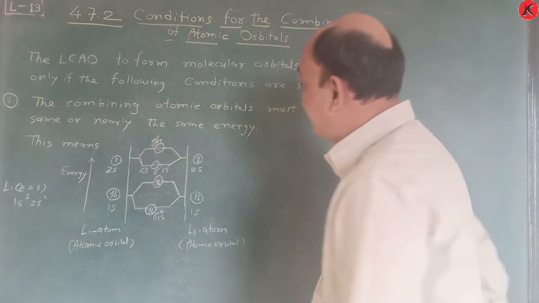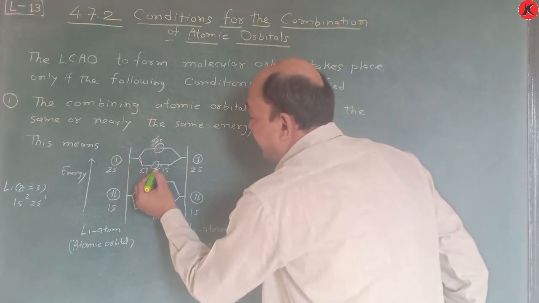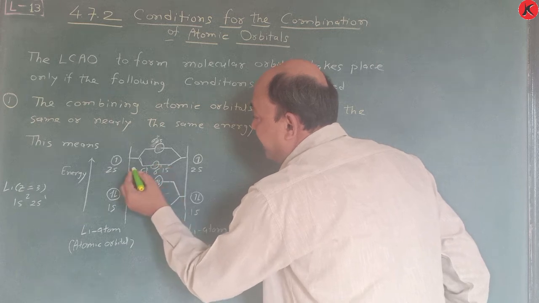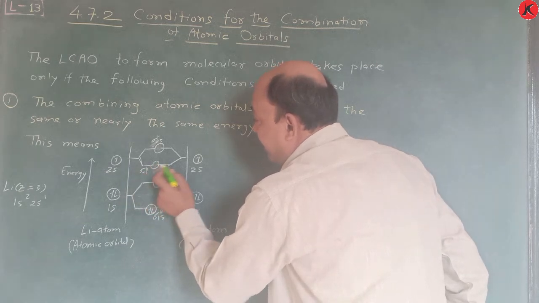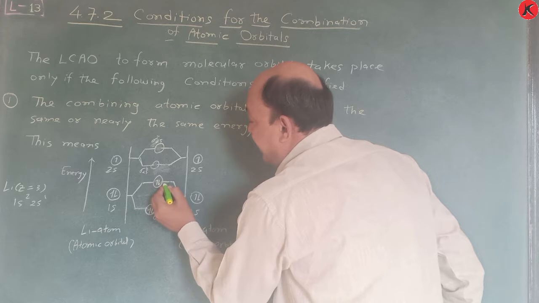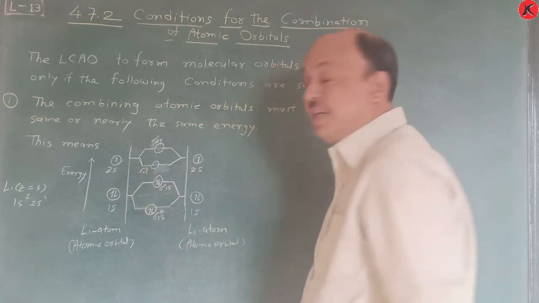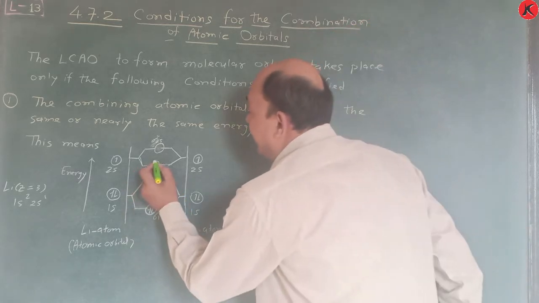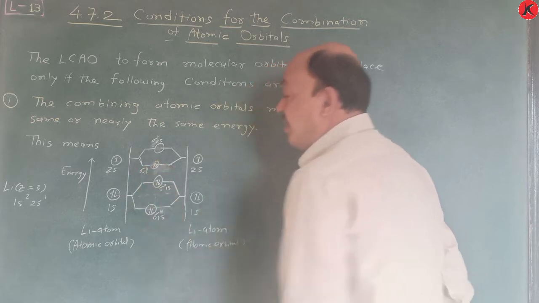So here sigma 1s, sigma star 1s, and sigma 2s bonding, where 2 electrons share their electrons.